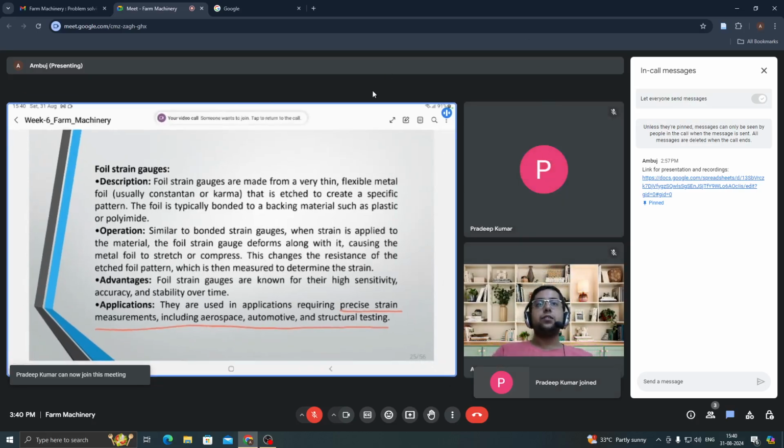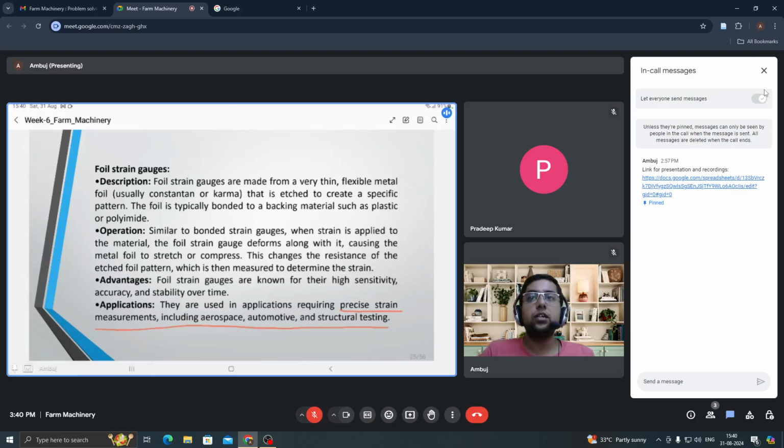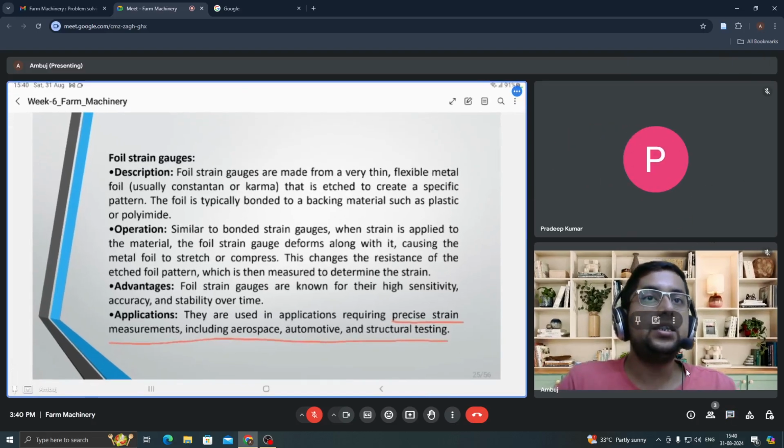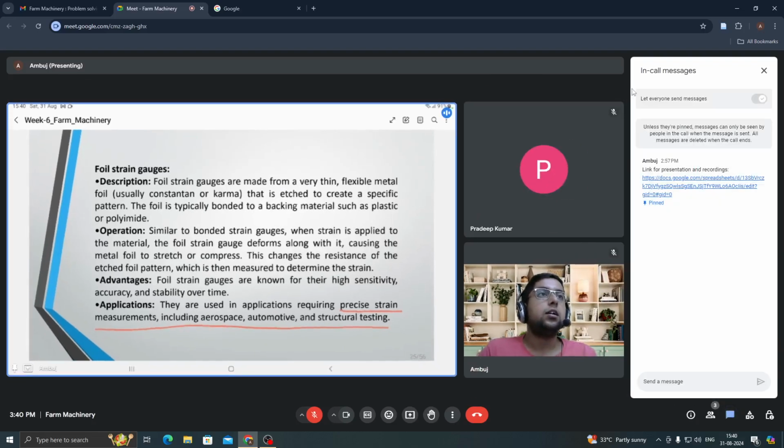Similar to the bonded strain gauge, when strain is applied to the material, the foil strain gauge deforms along with it, causing the metal foil to stretch or compress and changing the resistance of the foil pattern. This is the description of the foil strain gauge.